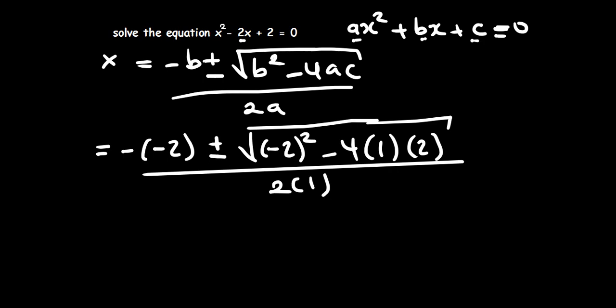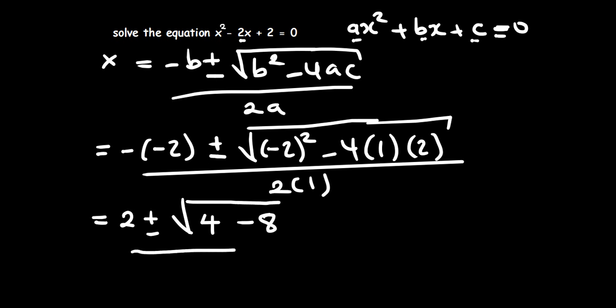So here we can go further. When we multiply negative by negative 2, we get positive 2. Then we have plus or minus. When we square negative 2, we get positive 4. Minus 4 times 2, we get negative 8, so that's minus 8 there.